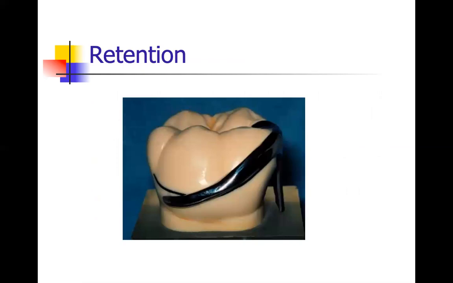Sufficient undercut is to be engaged to obtain desired retention. Force from the clasp arm on flexing must be within the tolerance of the periodontal ligament of an abutment tooth.